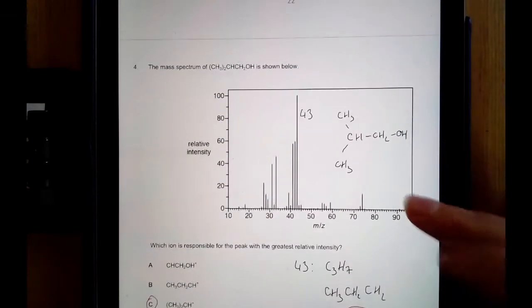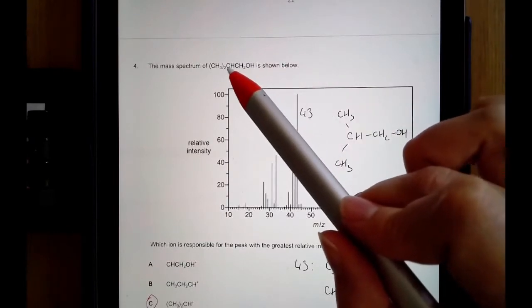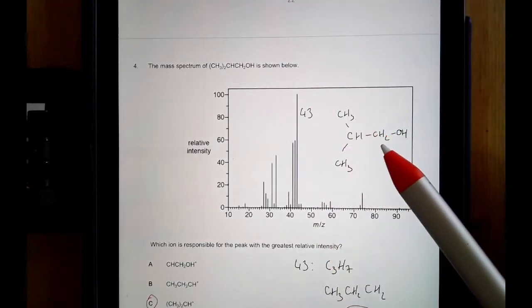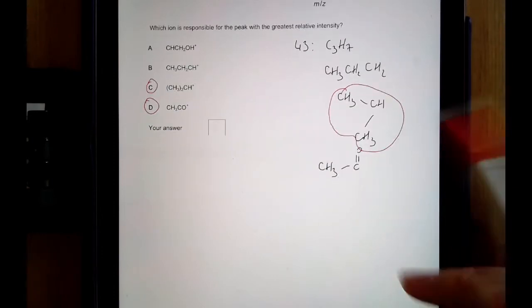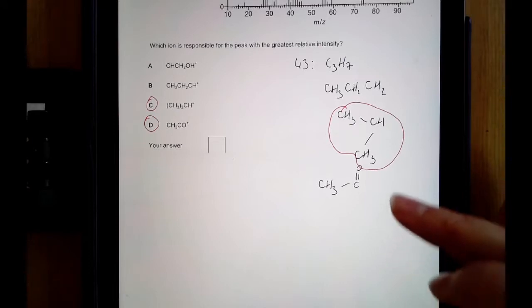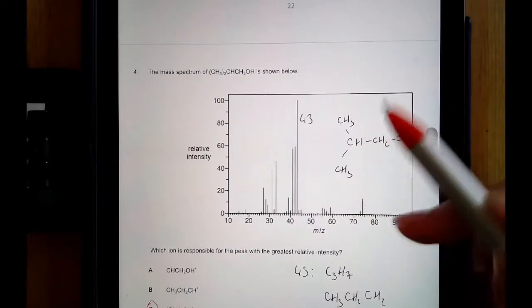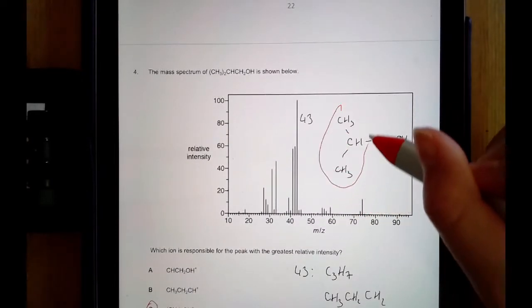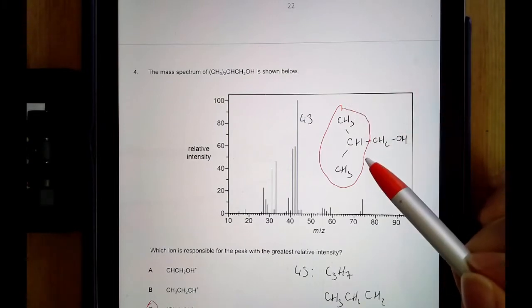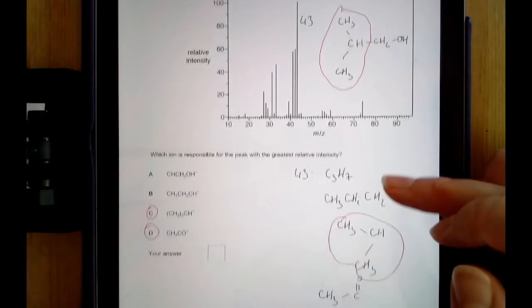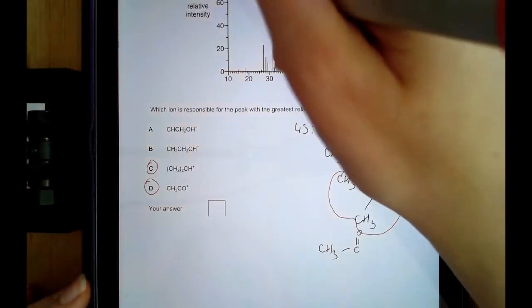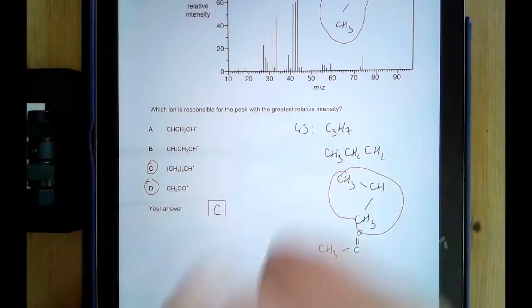But if you look at the actual molecule they're asking you about, and I've drawn it out here, you will see that there is no carbon double bond oxygen in the molecule. However, you do have a CH bonded to 2 CH3s. So that fragment will give you the right mass of 43, and it's also present in the molecule. So your answer for this one is going to be C.